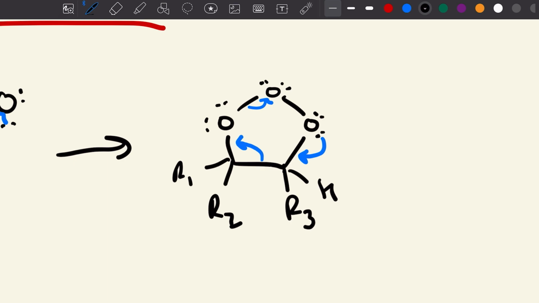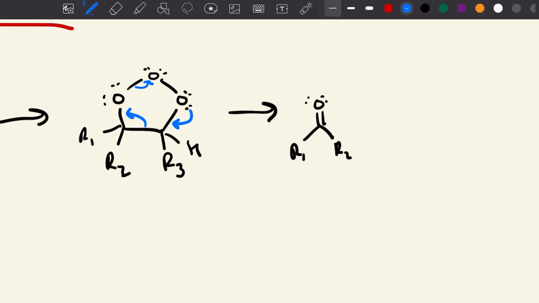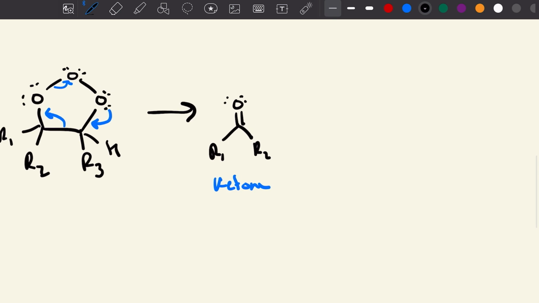So this kind of forms two things here. A ketone that's produced, and then you also have a carbonyl oxide.